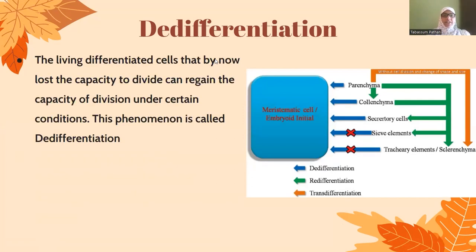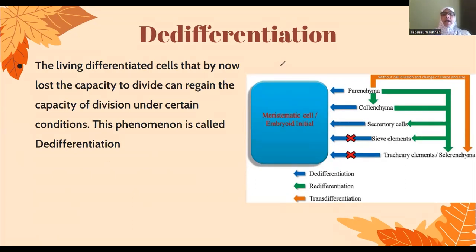What happens in de-differentiation is basically that the cells which were already differentiated, let's say meristematic cells that differentiated into parenchyma cells or the sieve cells of the phloem, then due to certain conditions or environmental factors, these parenchyma cells, for example, lost the capacity to divide further and came to a stationary phase.